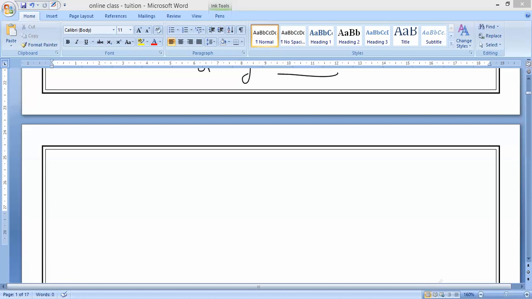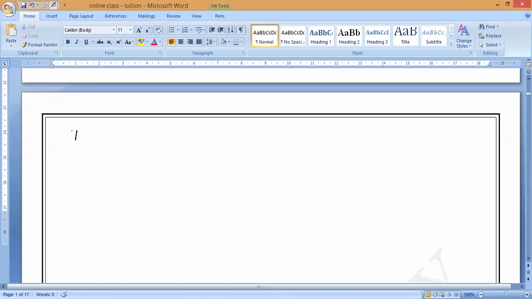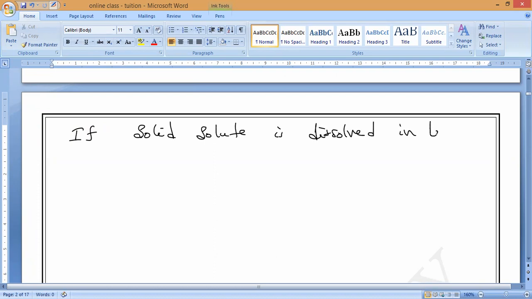mass percentage of solute. You should remember, if solid solute is dissolved in a liquid, then we can take mass percentage or volume percentage?